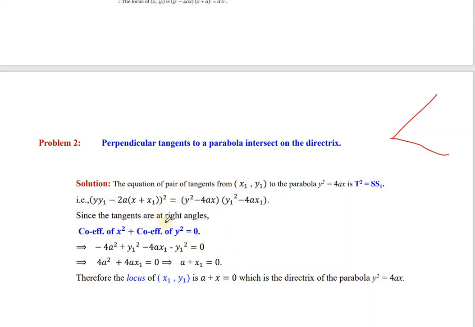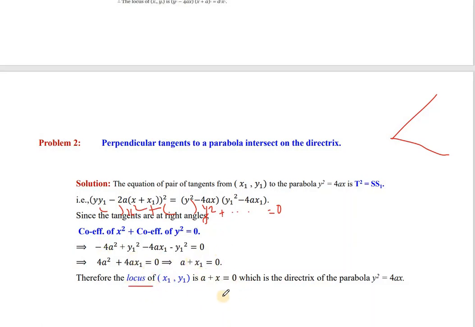So you rewrite this equation in such a way that you get the coefficient of x square and the coefficient of y square, and along with that you will have some more terms. We are not bothered about them, so we need to know only the coefficient of x square and the coefficient of y square. You can bring this to the left side and simplify, or take this to the right side and simplify. Then on simplification, this is what you get.